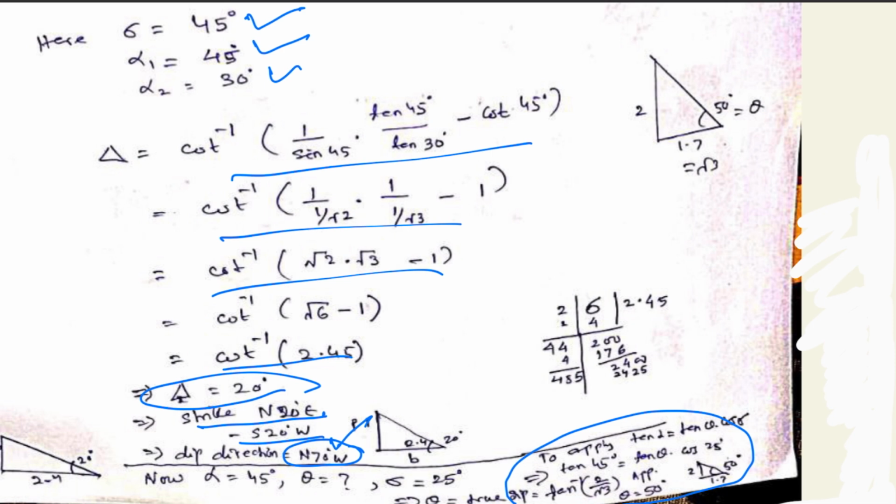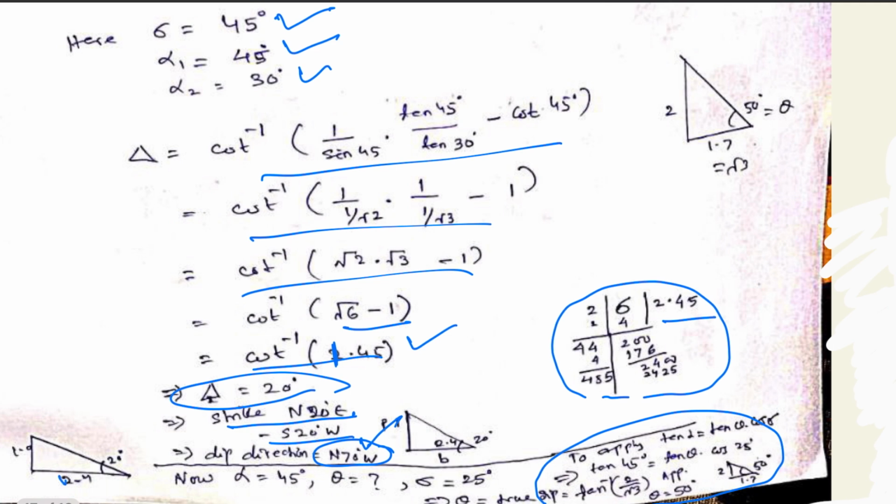We can solve the value of this inverse by the inverse table, or mathematically we can make use of drawing. Here it is root 6 minus 1, that means 2.45 minus 1, it will be 1.45. Cot inverse 1.45 is around this. In this way you can solve.